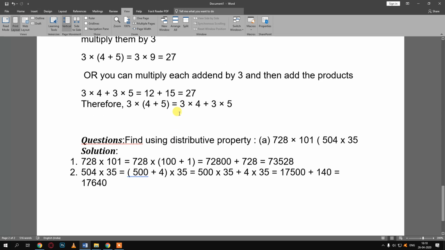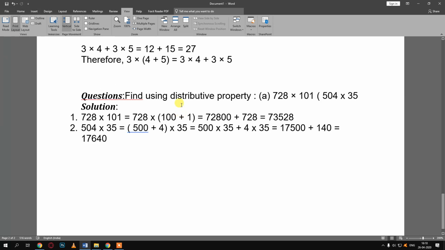Okay, now we will do some questions regarding this. Find using distributive property 728 multiplied by 101. So we have to find the answer of this 728 into 101 using the distributive property. How can we use the distributive property in this?